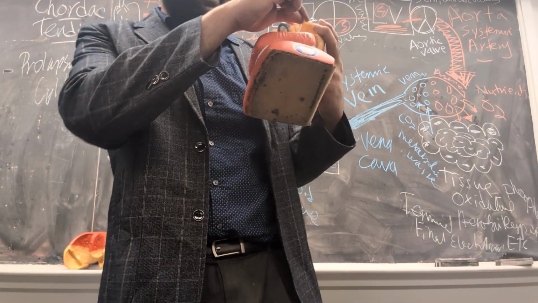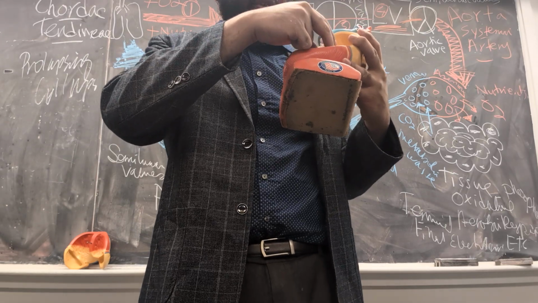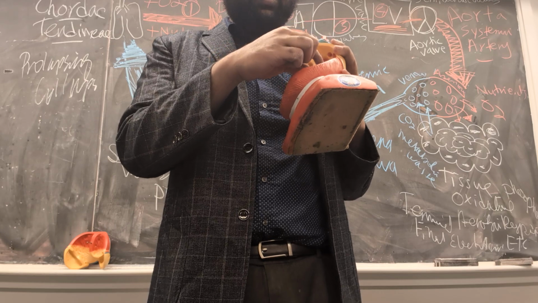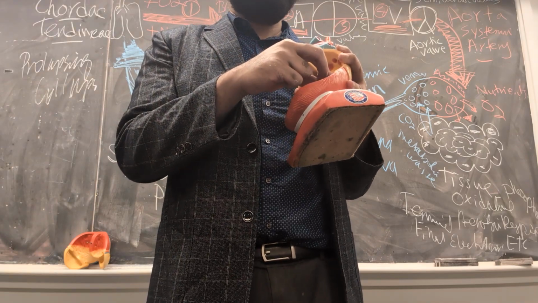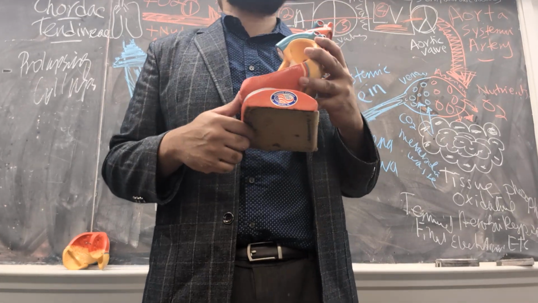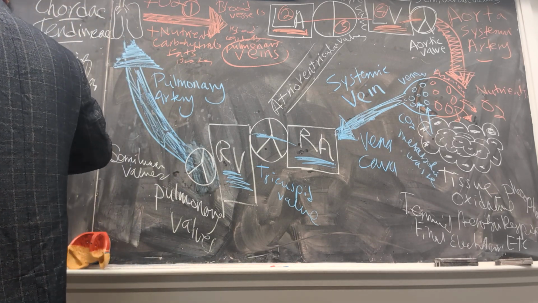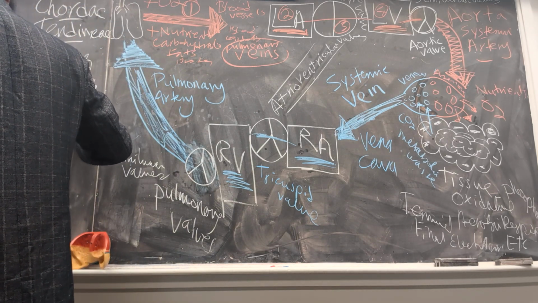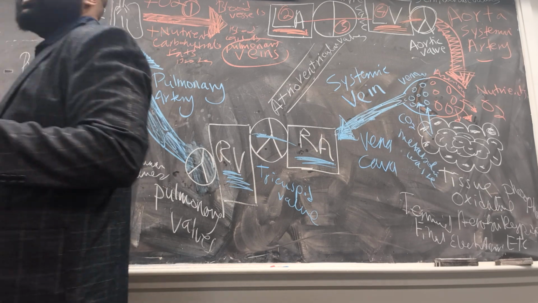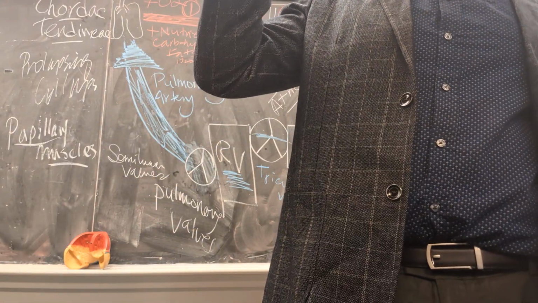You see these chorda tendinae are attached to the bottom of the ventricles through papillary muscles. So the papillary muscles hook your chorda tendinae to your heart.